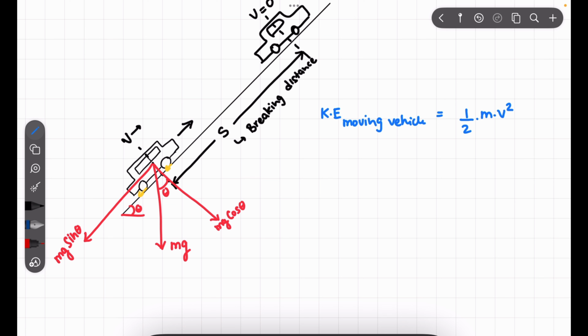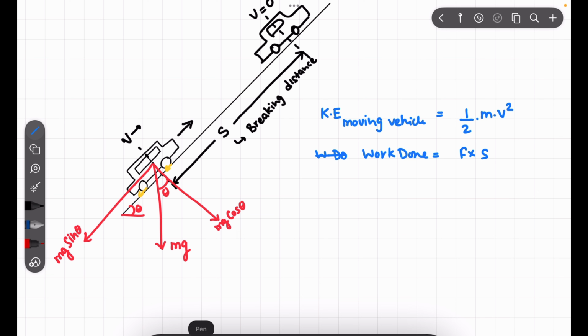Now, for the vehicle to stop, a certain work has to be done by the brakes. The work done will be force into distance. What are the forces that are acting towards stopping this kinetic energy?